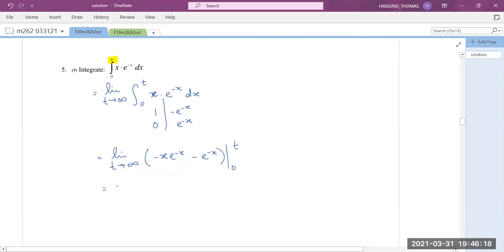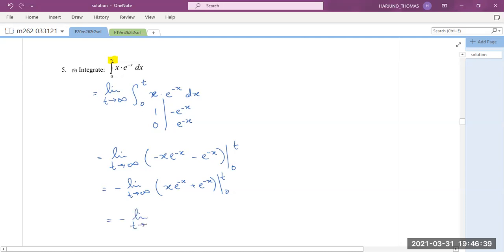Let me factor the negative out, so I get x e to the negative x plus e to the negative x. You don't need to factor that negative, though. I just don't like a negative lying around there.